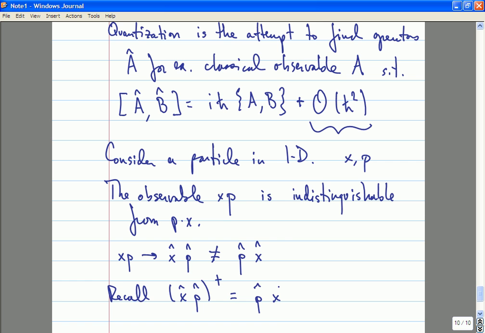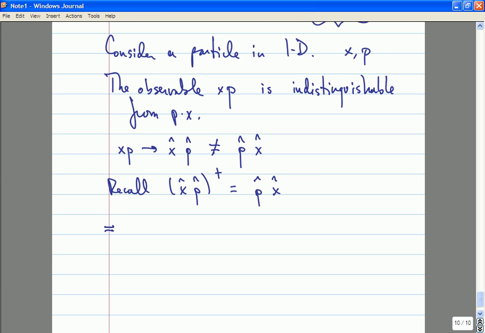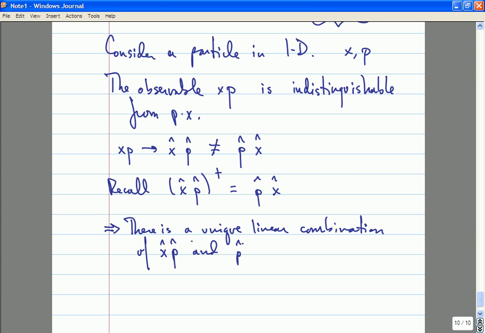So what does that mean? That means that there is a unique linear combination of x hat times p hat and p hat times x hat, which is Hermitian.